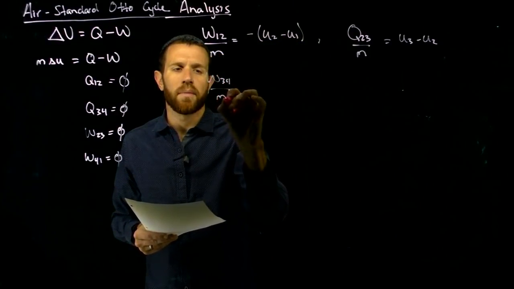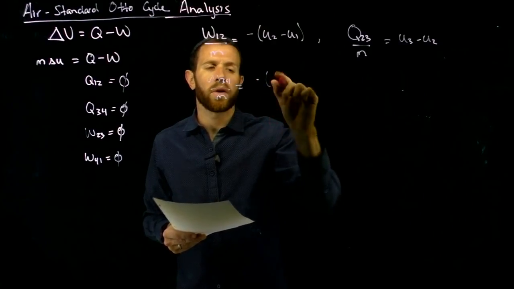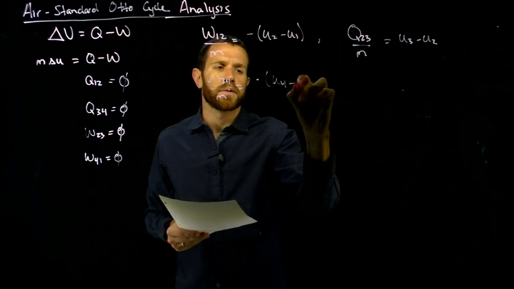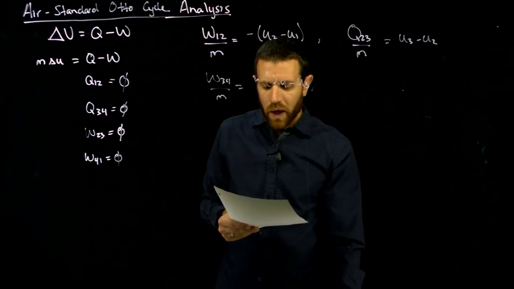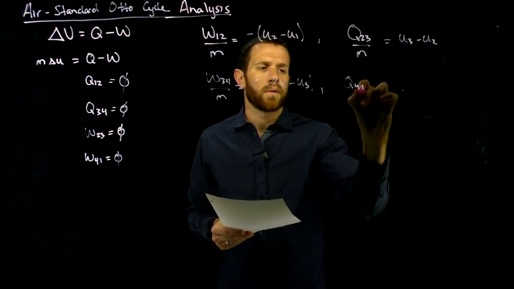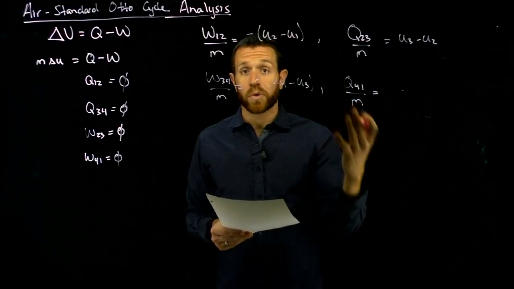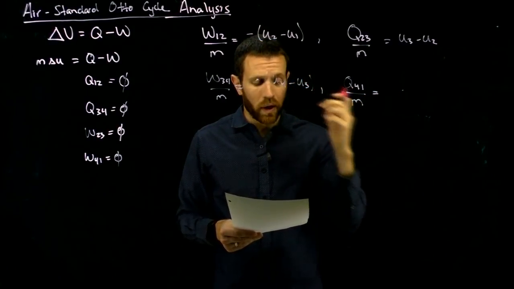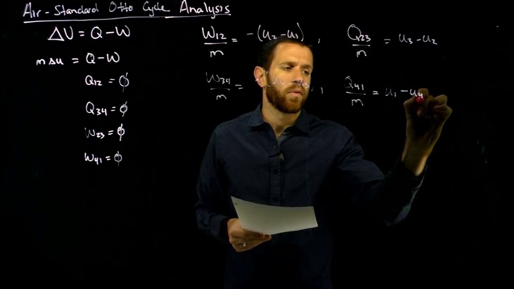W34 over m is going to be equal to U3 minus U4. And the last term we have, Q41, which will be out as we cool our gas, U1 minus U4.